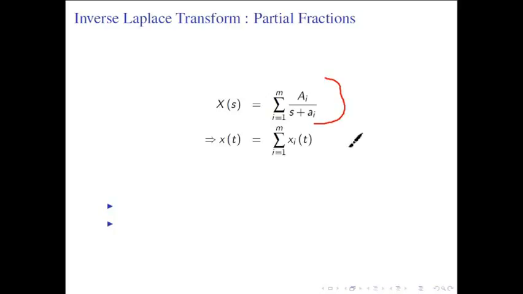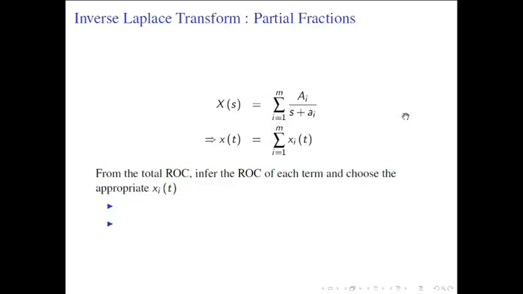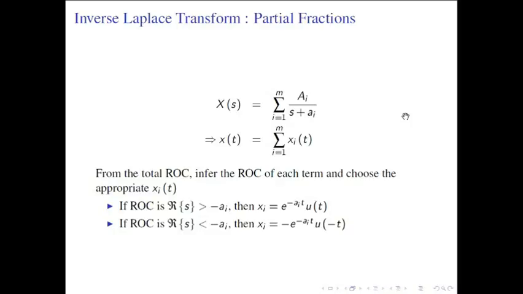So if the ROC is Re(s) greater than minus a_i, then x_i of t will be e to the power minus a_i t u of t, and if it is less than minus a_i, then x_i of t will be minus e to the power minus a_i t u of minus t. I'll suggest that you remember these two points because they'll help you solve the questions very quickly.